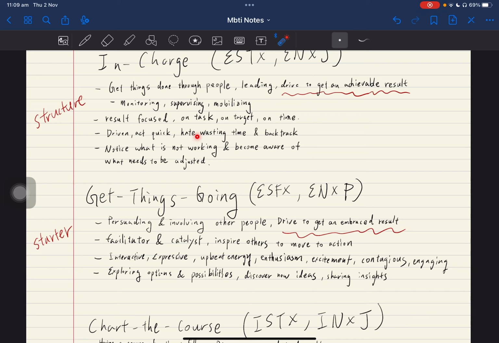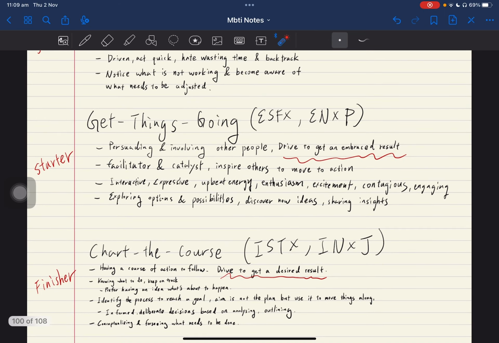So you can kind of tell these two apart by how they talk, sometimes how they talk to you and how they talk to other people, how they talk with their subordinates or colleagues. And they are interactive, expressive, upbeat, very enthusiastic sometimes, excitement, contagious, engaging. These are the keywords, and you can explore options, possibilities, discover new ideas, and share insights.